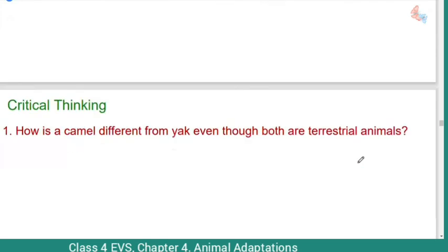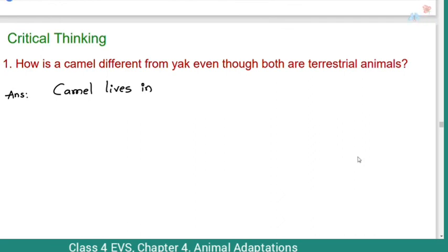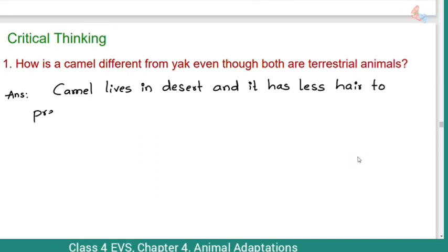Now, critical thinking questions. First one, how is a camel different from yak even though both are terrestrial animals? Answer, camel lives in desert and it has less hair to prevent water loss due to heat.